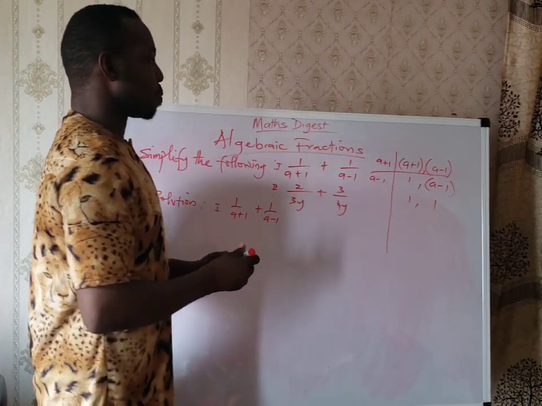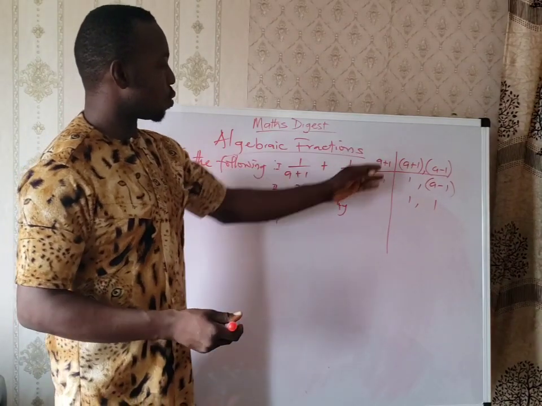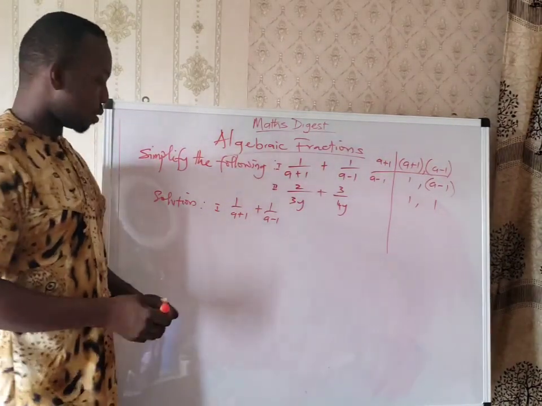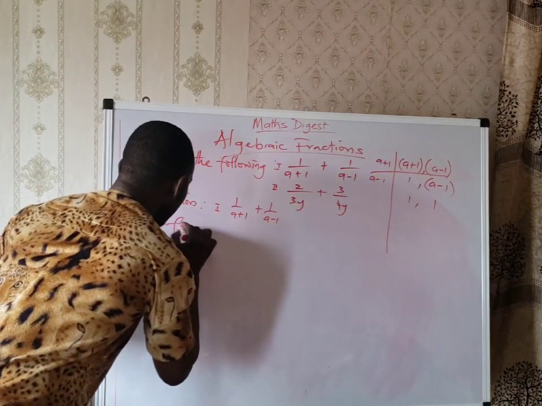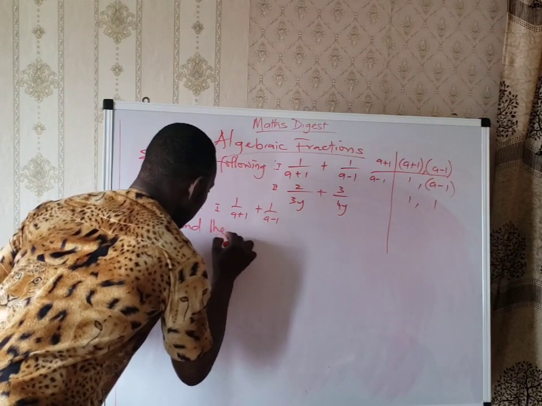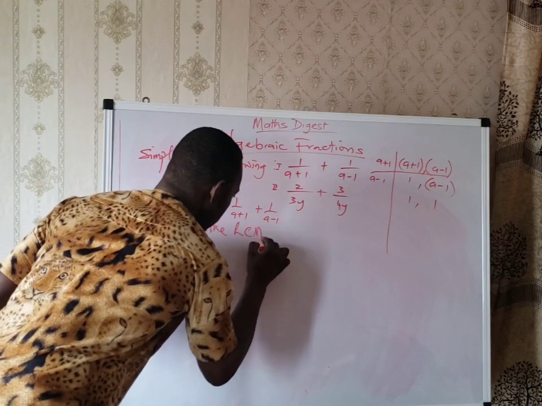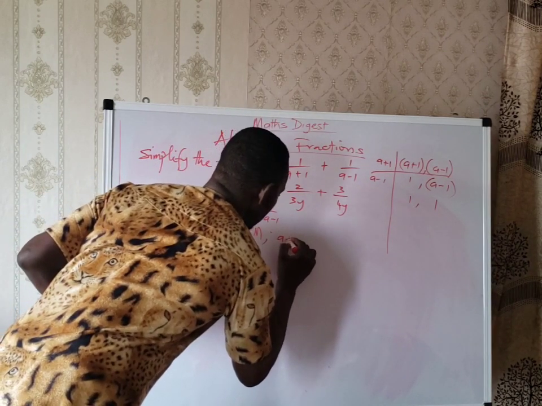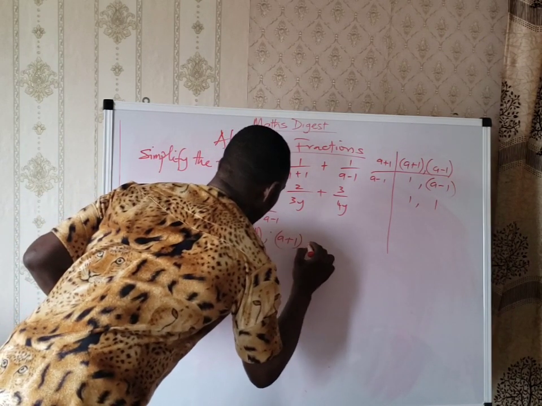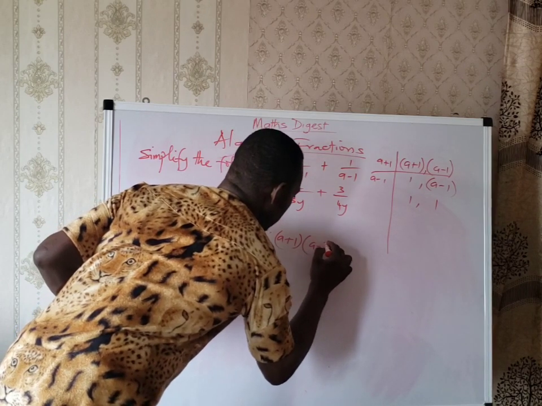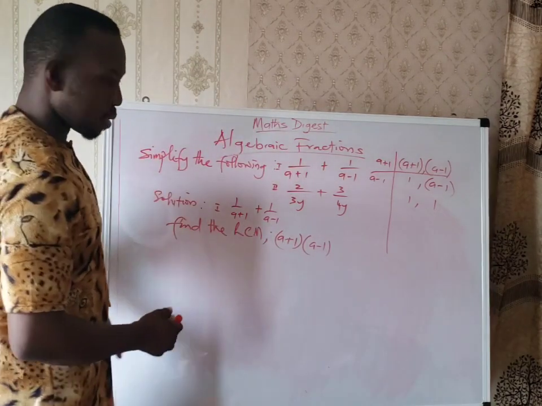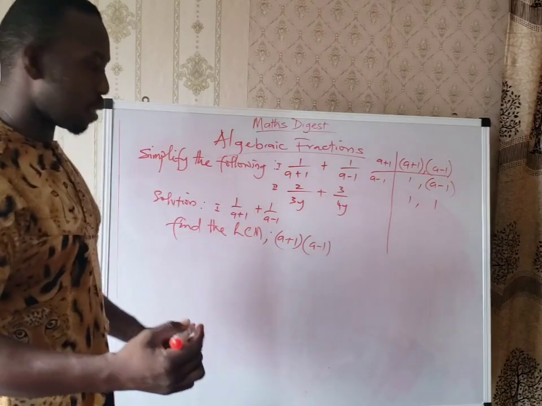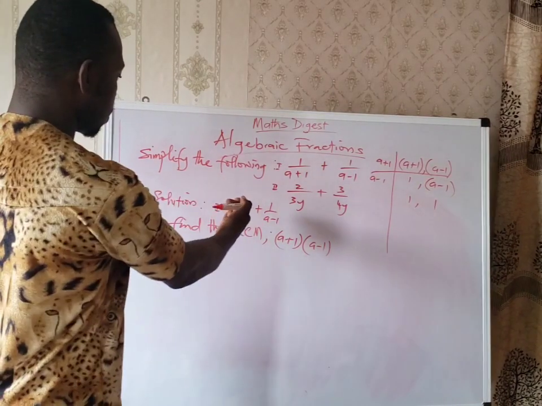So with this, we take the product of these 2. That serves as our LCM, okay? This now serves as the LCM. So what we do is we take it down and use this to divide them.